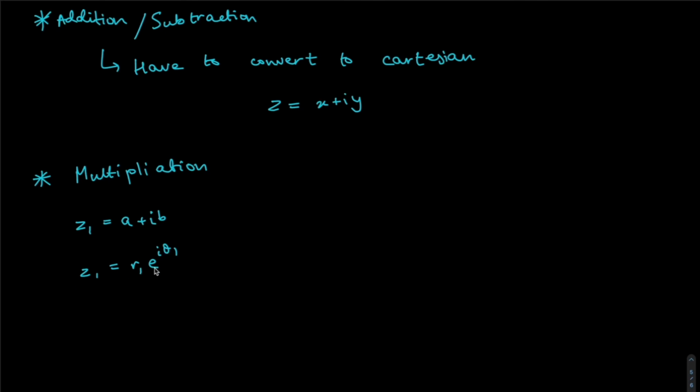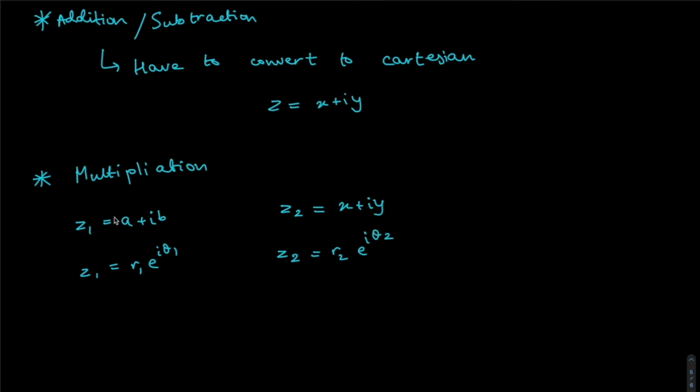I'm going to write it like this only because it condenses everything. That's our goal, to condense and keep things as simple as possible. And we have another complex number, which is x plus iy, and that can be written as r2 multiplied by e raised to the power i theta 2.